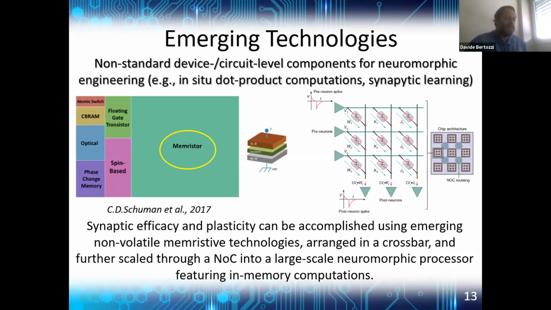The resistance values of the constituent memristors are therefore programmed on the basis of the resulting voltage difference across the respective horizontal and vertical lines. Additionally, the figure shows that such crossbars are typically connected hierarchically through a network on chip to build dense, large-scale neuromorphic processors featuring in situ in-memory computations.